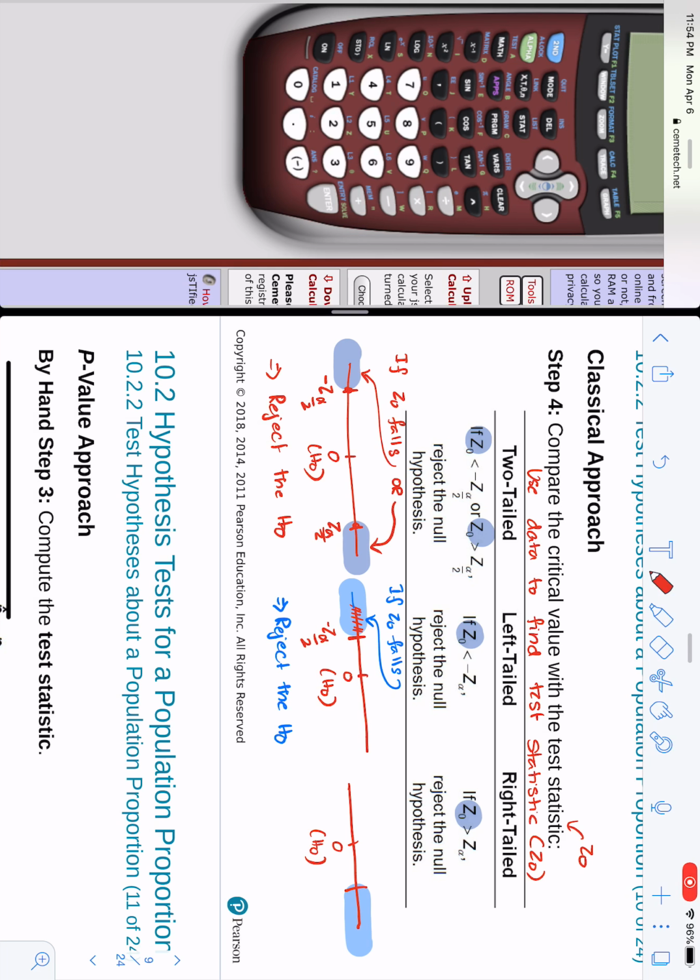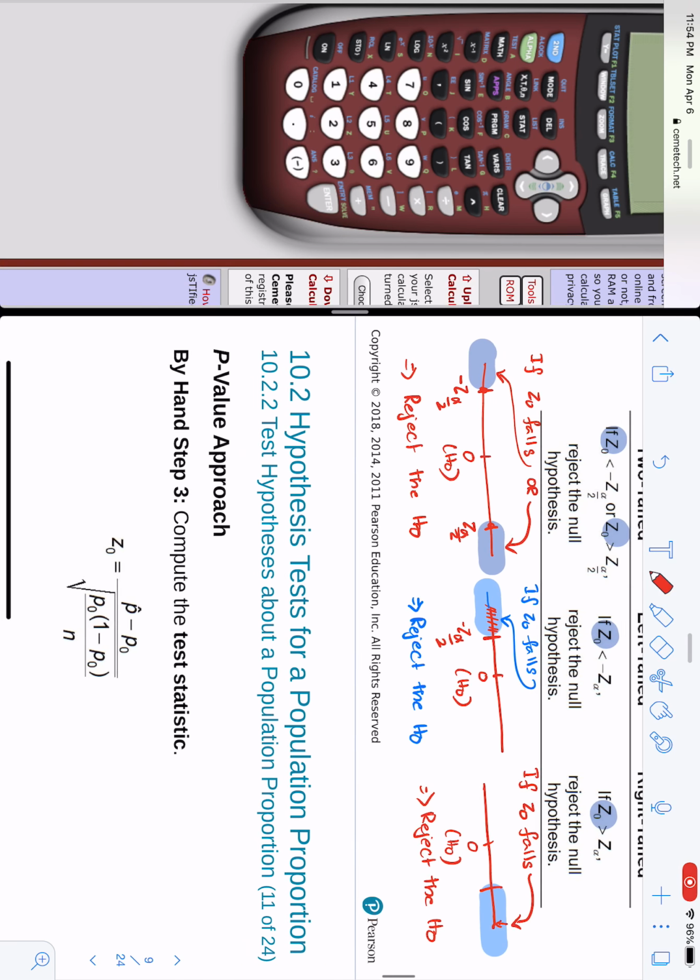So if the test statistic falls right there, then we reject the null. When I say falls on some side, I mean on the real number line. You have to keep that in mind. So that number corresponds to some number on the real number line.